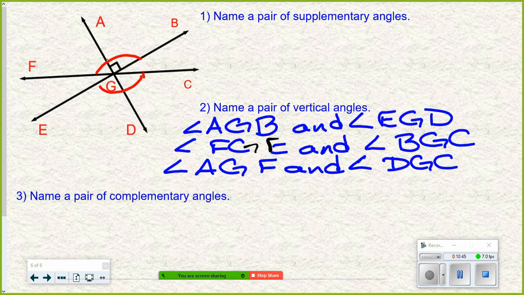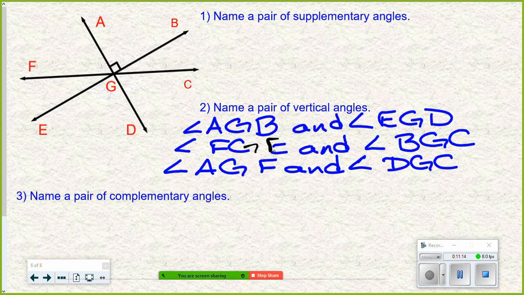Max? There is, so AGC and DGF. So there are other ones in there.